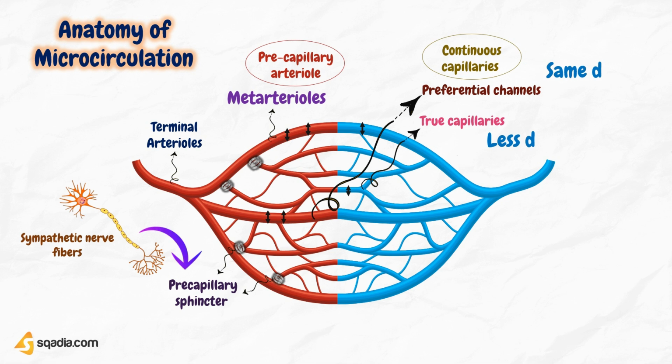It functions as a sphincter, so it is known as a precapillary sphincter, as it controls the blood flow through true capillaries. And the relaxation and contraction of these sphincters are controlled by sympathetic nerve fibers. So, overall, all capillaries, with some terminal arterioles and venules, make up the complete anatomical pathway for microcirculation.